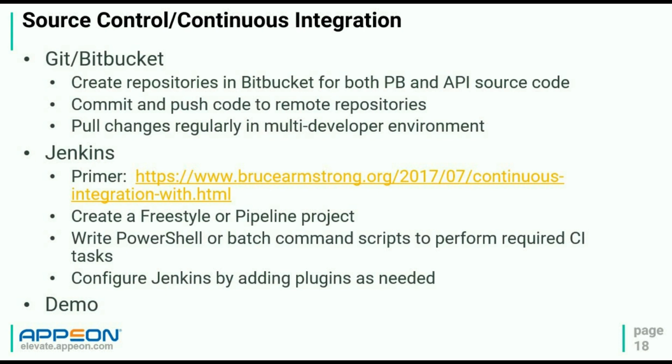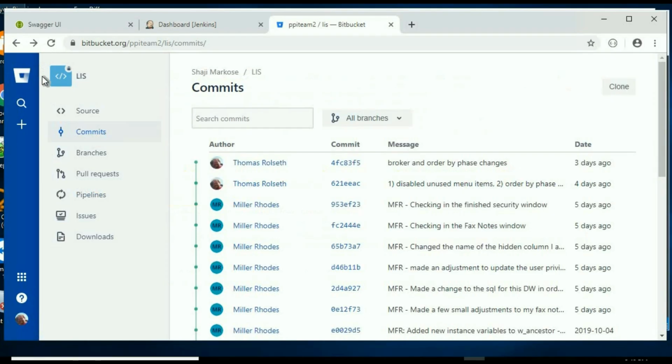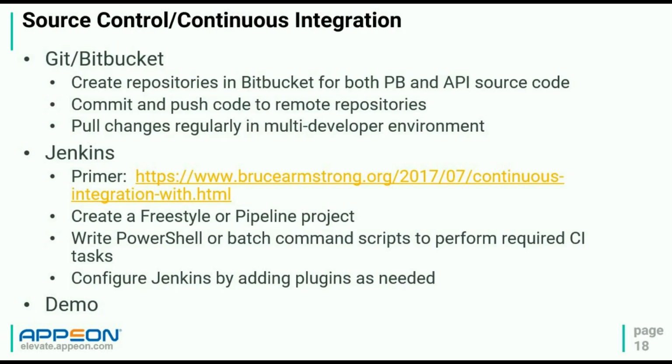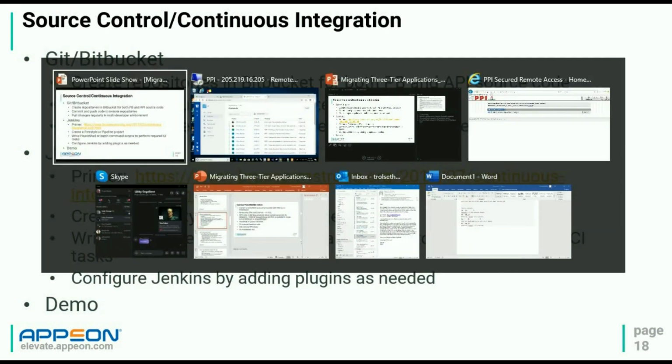You'll want to be doing commits and pushes of that code to those remote repositories as you make changes, and you'll want to pull changes frequently in a multi-developer environment. Let me stop there, and I'll switch gears over to Jenkins.